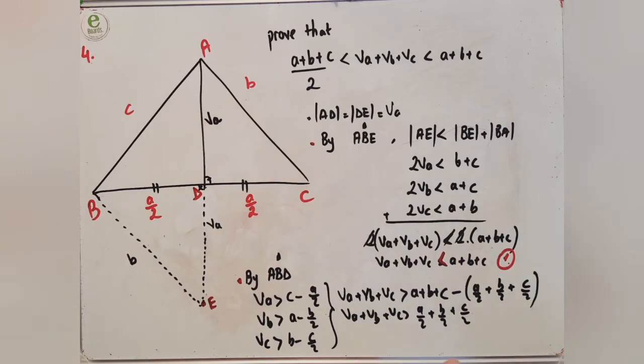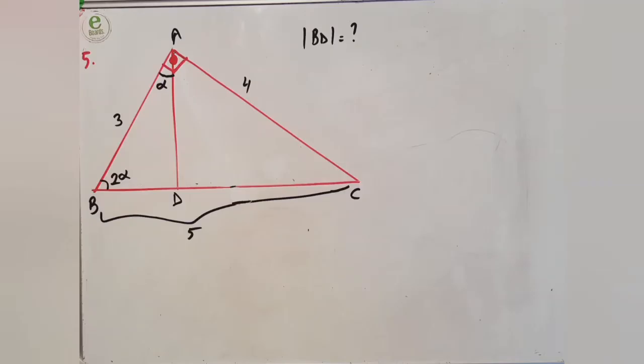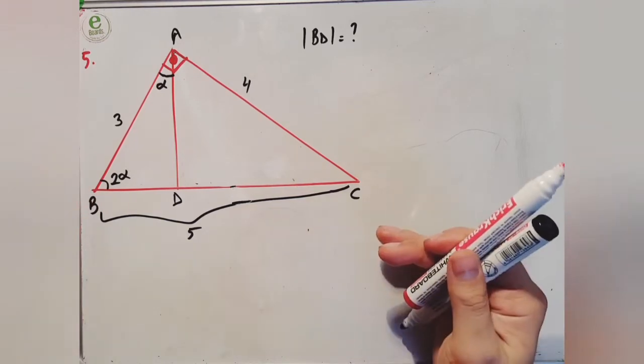It is the second inequality. Using the first and the second, we are going to obtain (A plus B plus C) over 2 is less than VA plus VB plus VC is less than A plus B plus C.